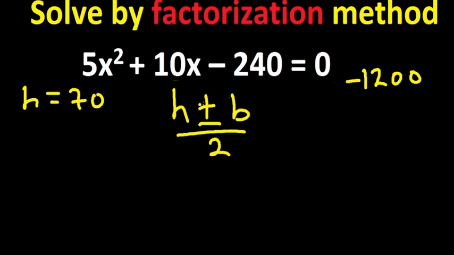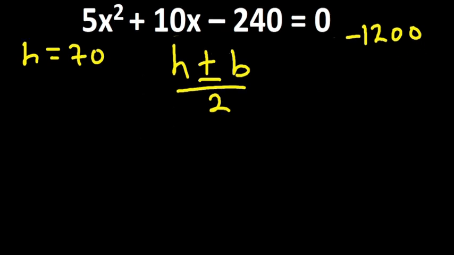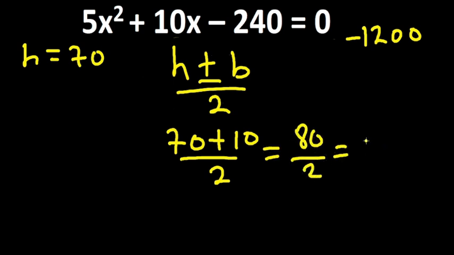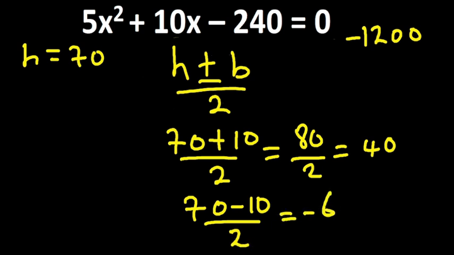So let's do that. We have h, which is 70, plus b, which is 10, over 2. It's going to give us 80 over 2, which is equal to 40. Then the second one, let's subtract it. 70 minus 10 over 2, because it's plus or minus. It's going to give us negative 60 over 2, which is going to give us negative 30.